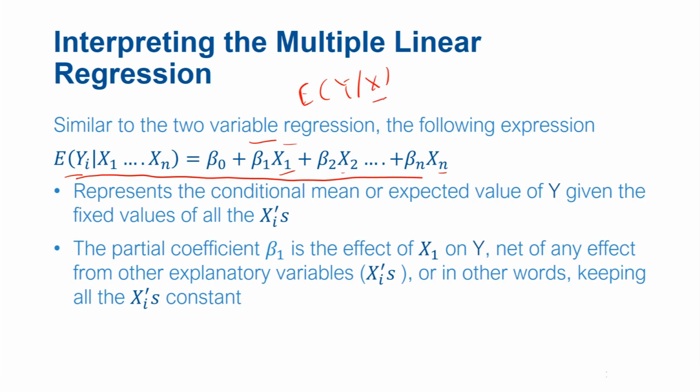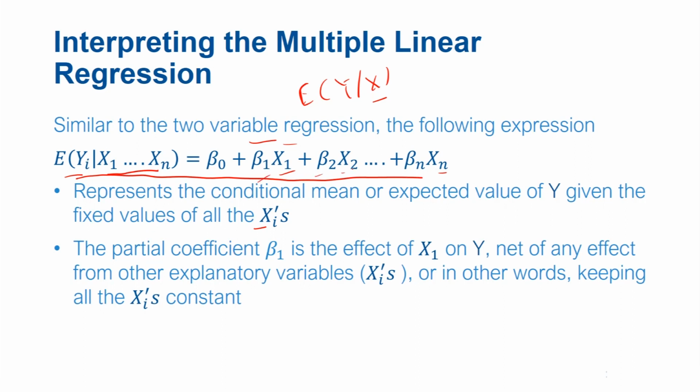Here, instead of a single independent variable, we are considering all the independent variables from x1 to xn, and therefore this represents the expected value of yi given all the xi's. This is called the conditional mean or expected value of y given the fixed values of xi's, or conditioned upon the fixed values of xi.